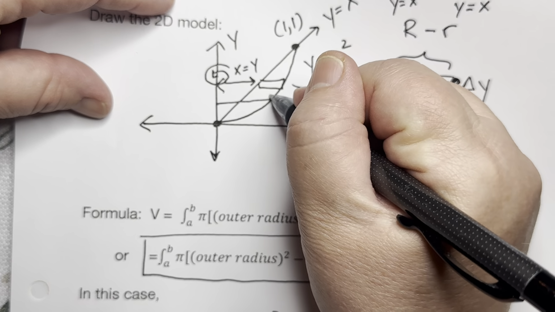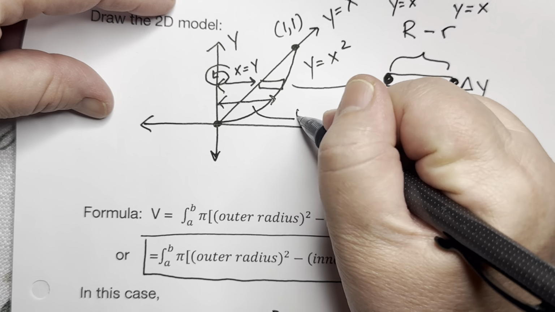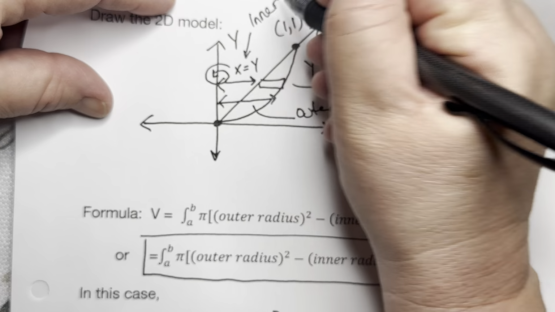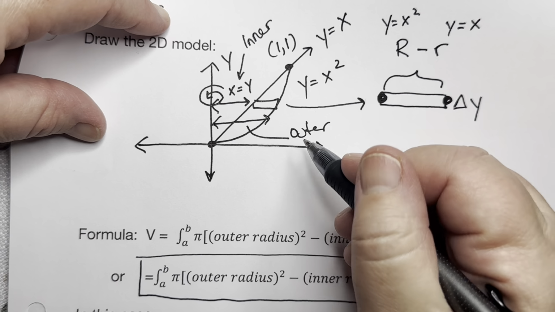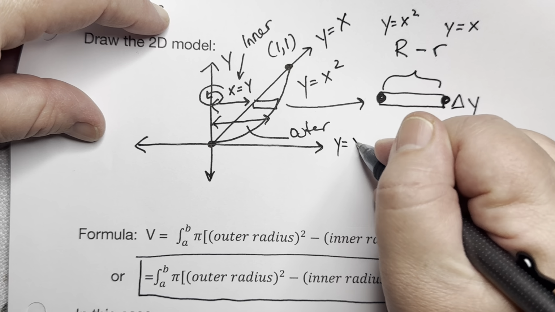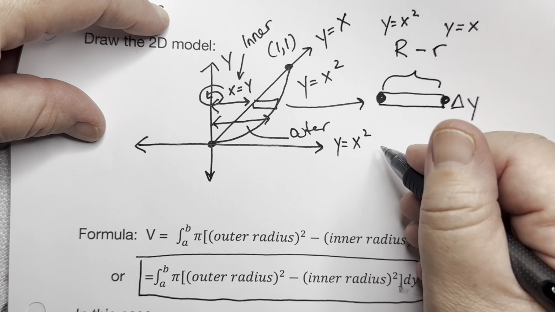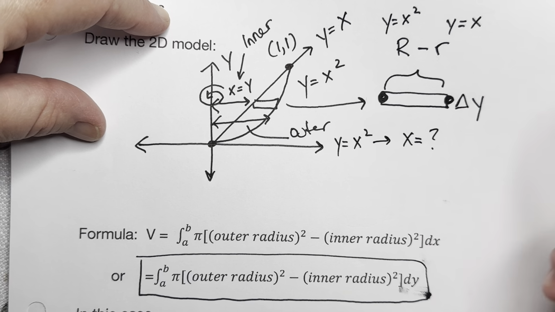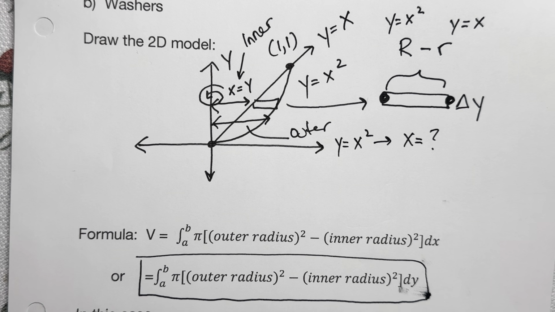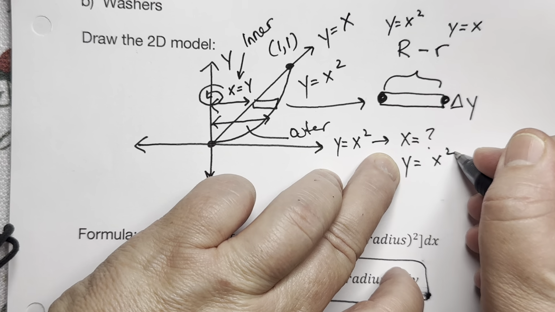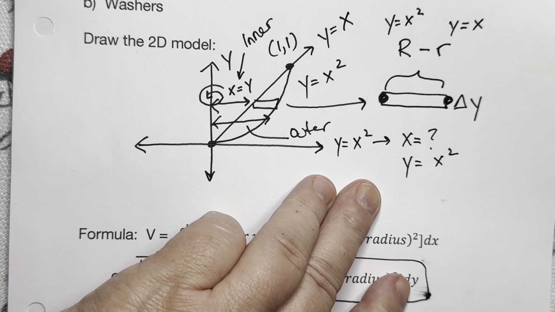Well, for the outer radius, this is y equals x squared. I want to know what x is in terms of y. So if I have y equals x squared, how do we get to x by itself?